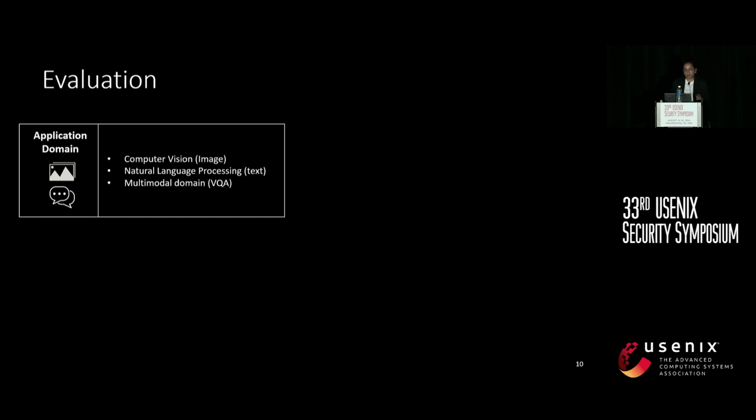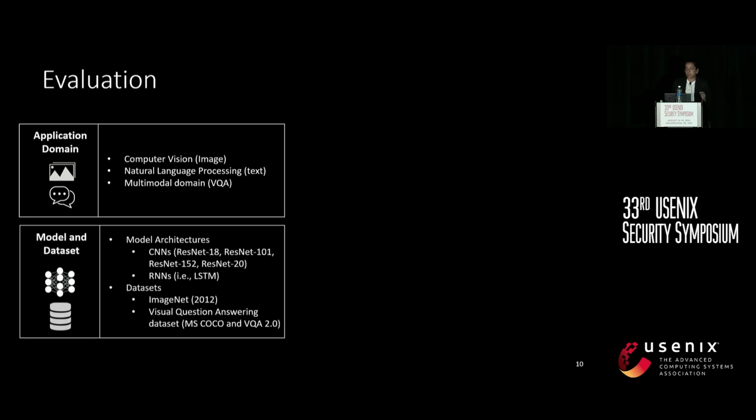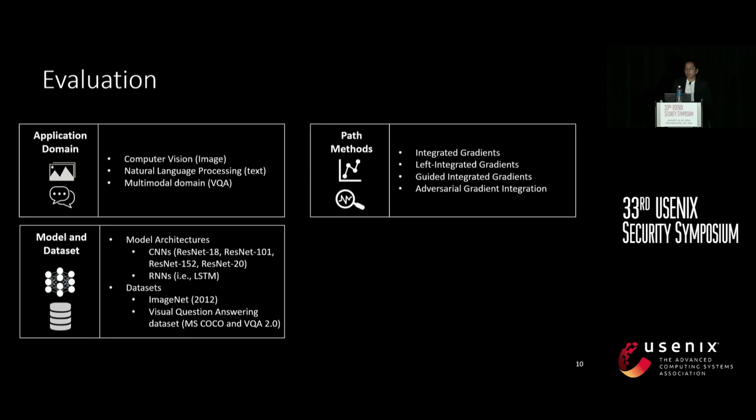To demonstrate the efficacy of our approach in different domains and to compare our approach against the existing path gradient methods, we considered application domains like computer vision, NLP, and the multi-modal domain. For these particular domains, we considered the corresponding model architectures as well as different data sets. And to compare our approach, we considered these 4 path gradient methods.